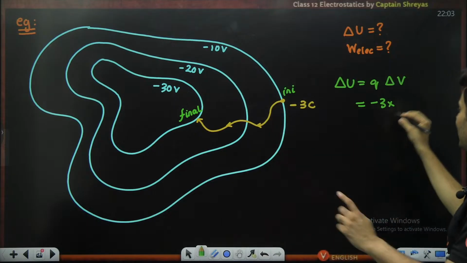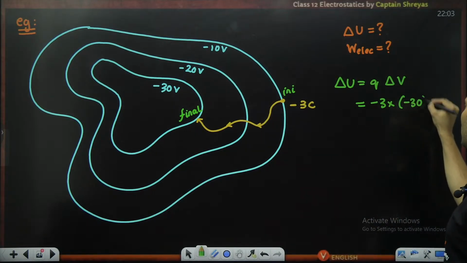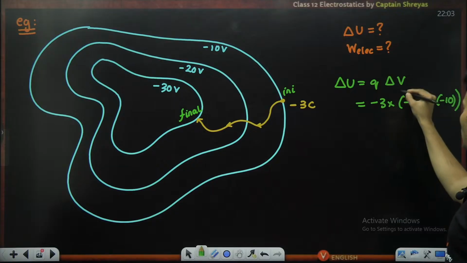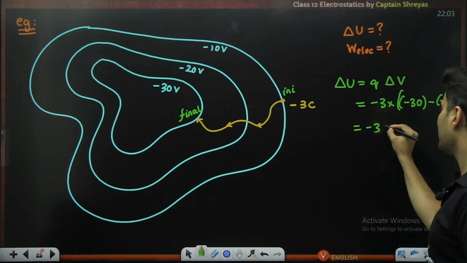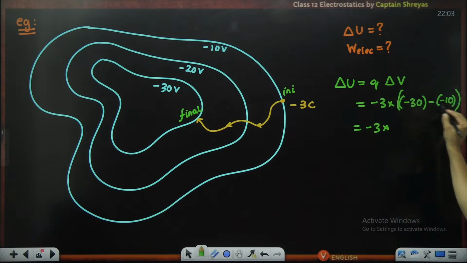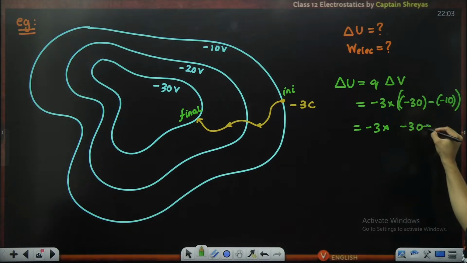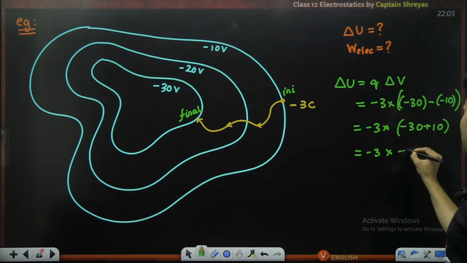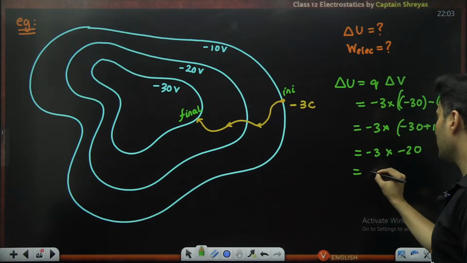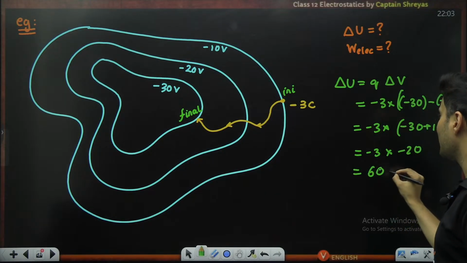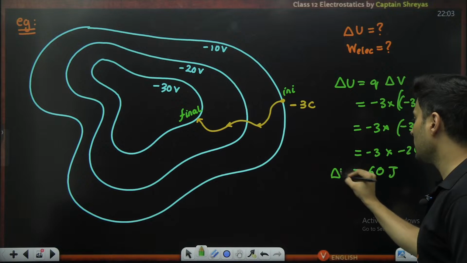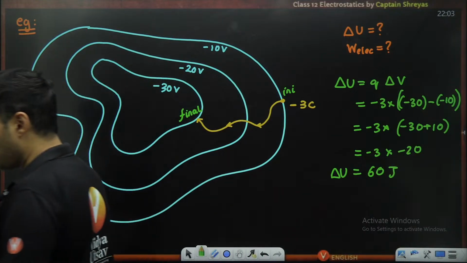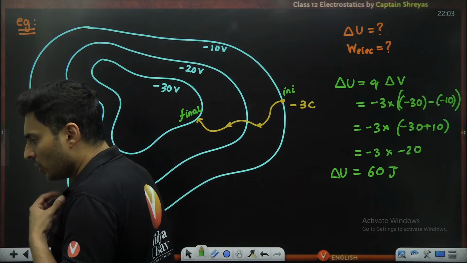So final voltage is basically -10 volts and initial is -30. So this will become -3 multiplied by (-10 + 30), which is as good as saying -3 times 20. Minus 3 twos are minus 60 joules. So the change in the potential energy is -60 joules. Perfect. All right.